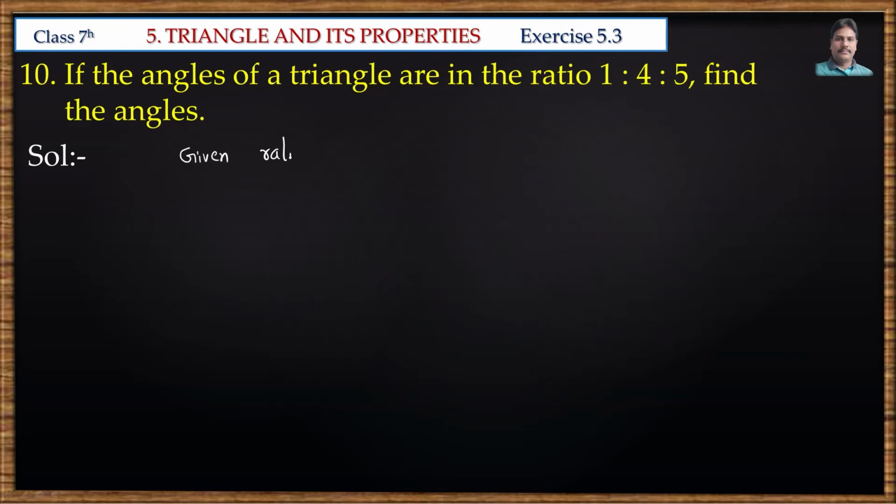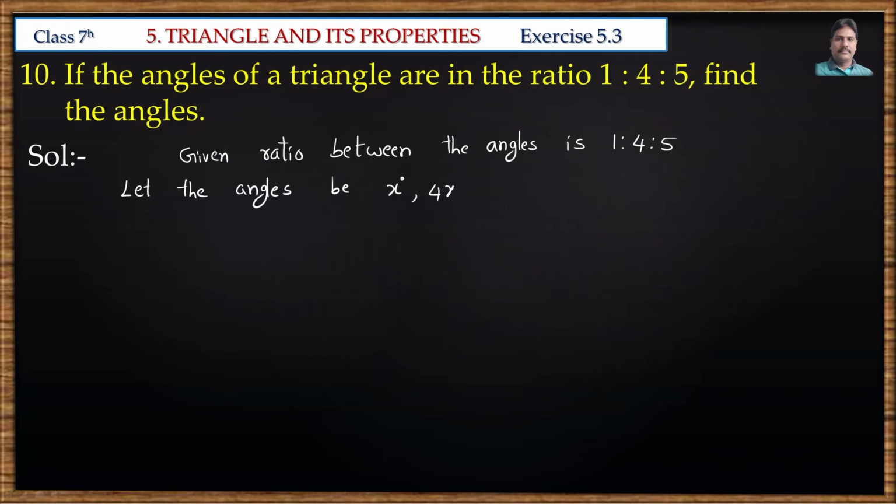Given ratio between the angles is 1:4:5. Let the angles be x degrees, 4x degrees, 5x degrees.